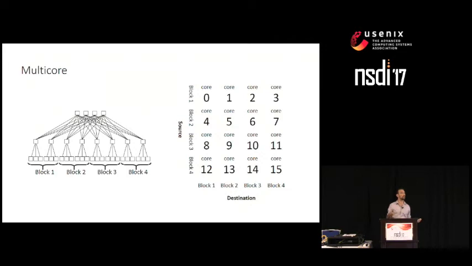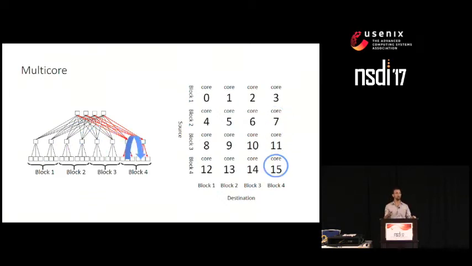Now, if you look at all the links going up from a block, let's say block 1, then all the flows that traverse these links are in the first row. So we choose for every row a core to be responsible for these upward links. Similarly, for the downward links, all the flows that traverse these links are in a single column of the matrix.